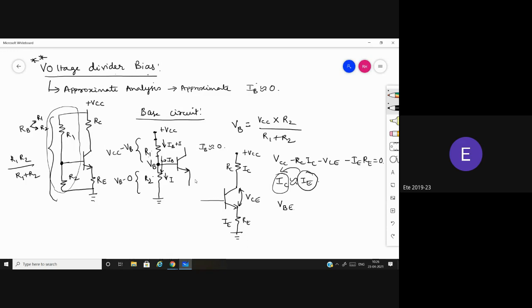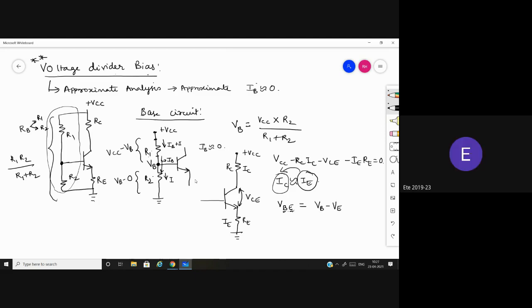Now, base to emitter voltage. How will we usually write the equation? VBE gives us the potential difference between base and emitter, so VB minus VE.